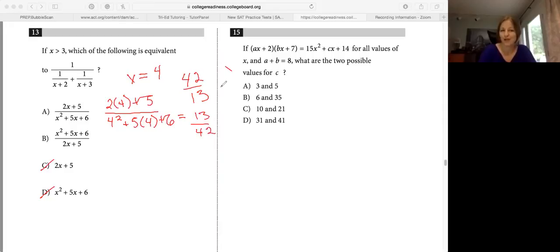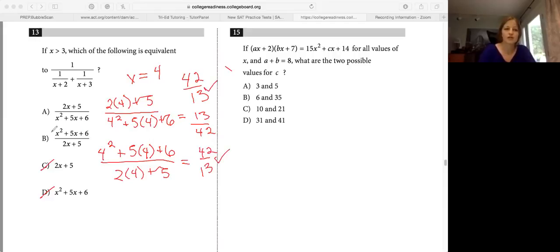So we can probably already figure out that it's the reciprocal of that, which is B, but let's do a double check just in case. So 4 squared plus 5 times 4 plus 6 over 2 times 4 plus 5. And we get 42 over 13, which is what we were looking for. So our correct answer is B.